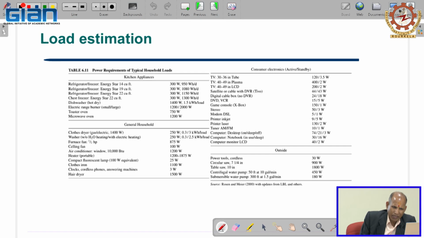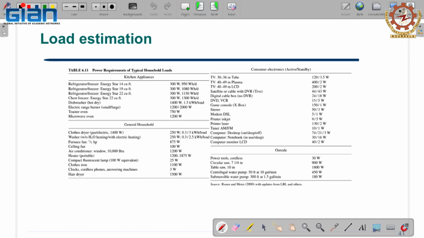If it is industry, what are some other devices? If you have a multi-story building where you are going to use this PV system, you may have the lift as well. For example, a little bit big office can have three lifts.